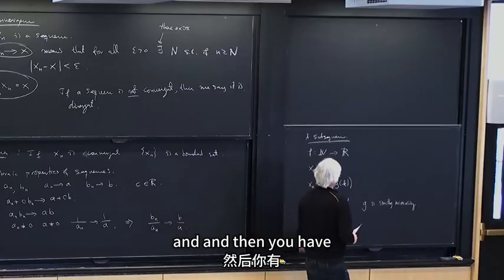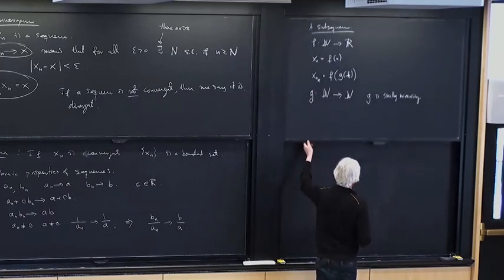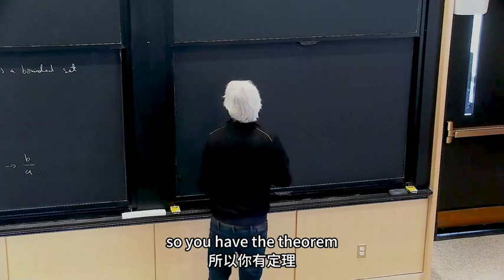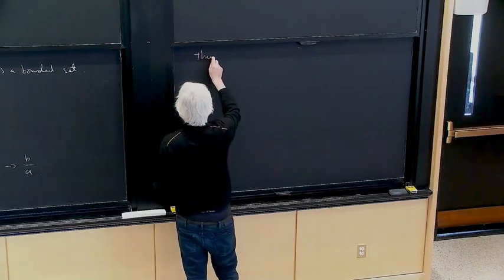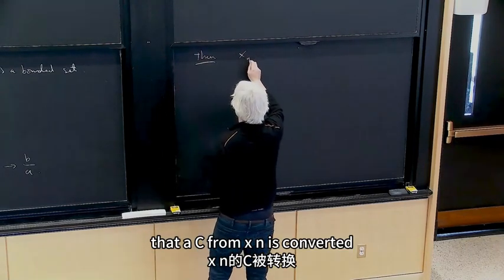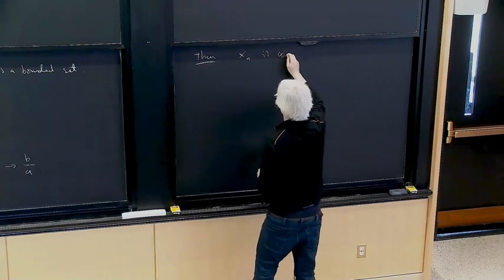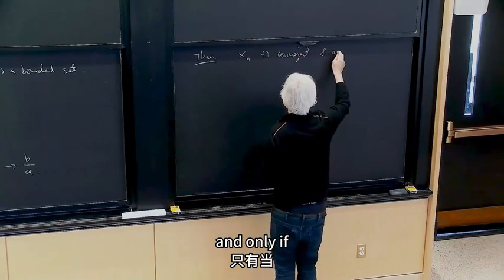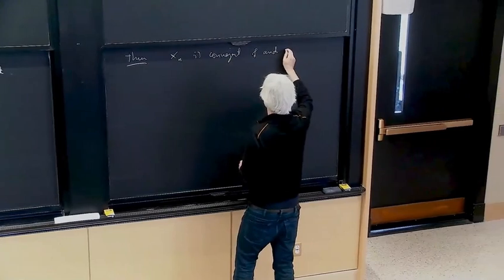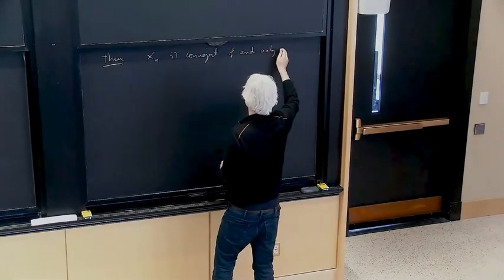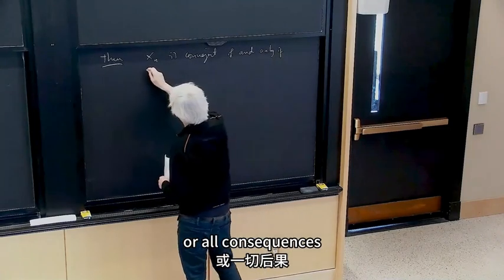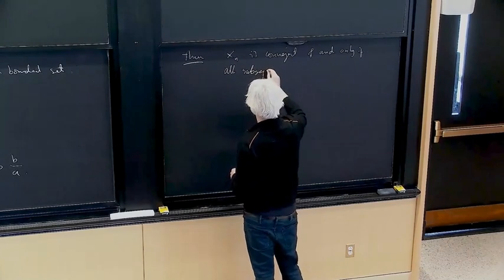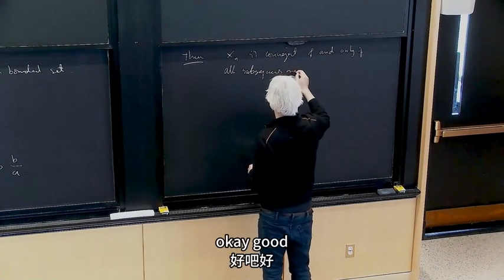And then you have this property, the theorem that a sequence x_n is convergent if and only if all subsequences are convergent.